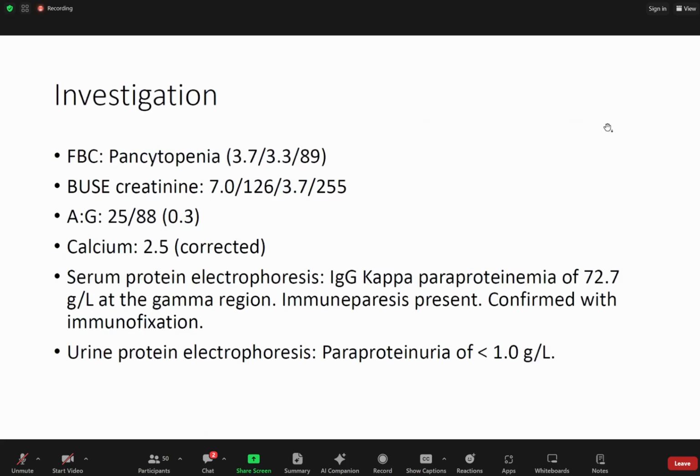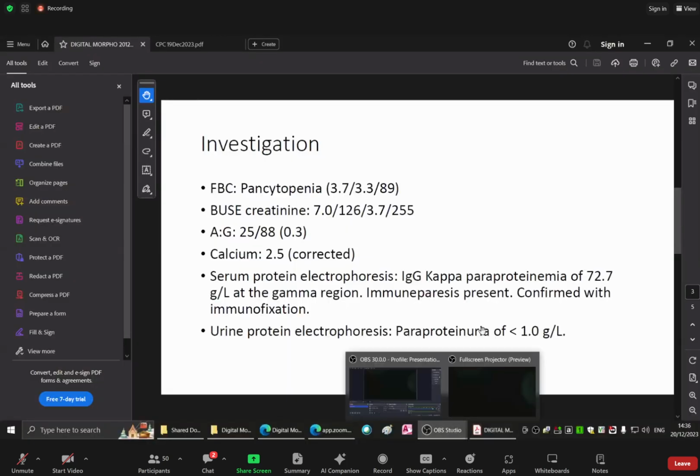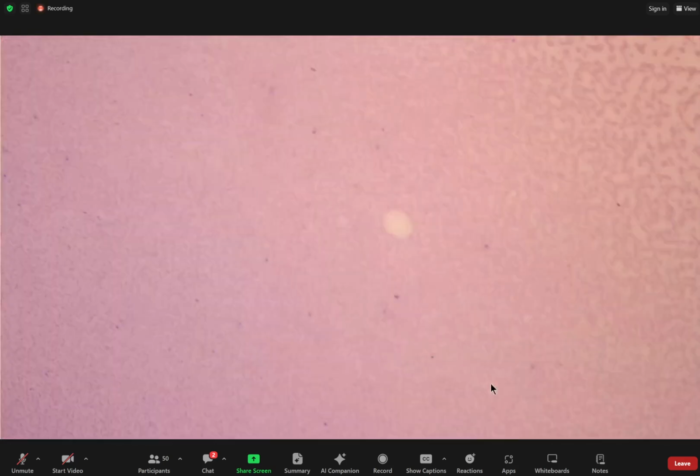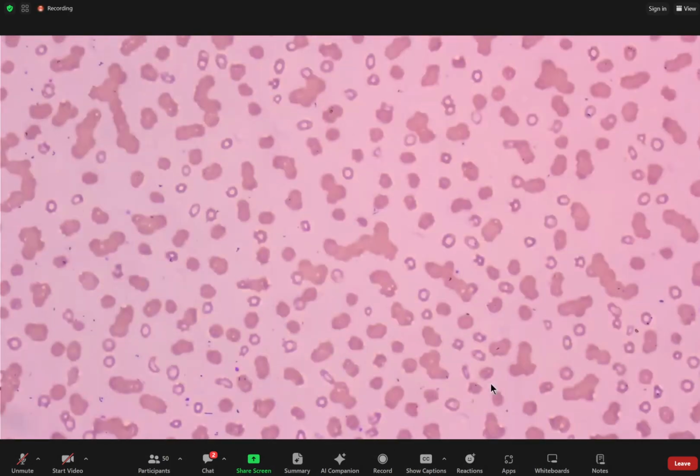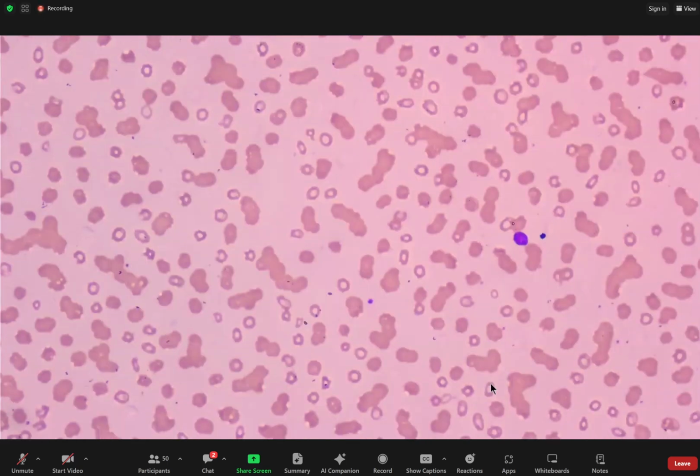Okay, let's see the peripheral blood film. If you can see the film, there is a background coloring with significant rouleaux formation.